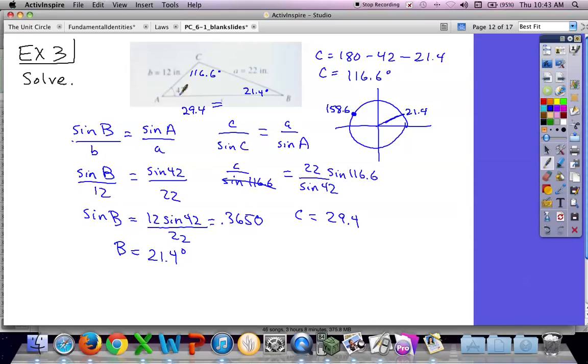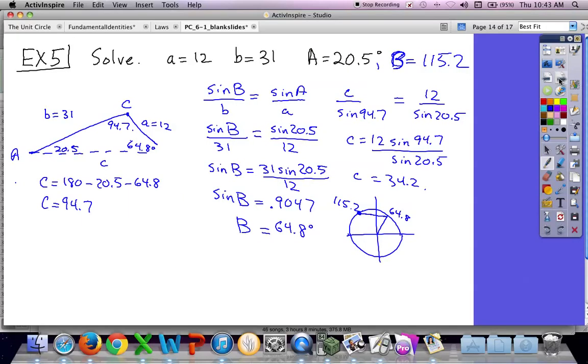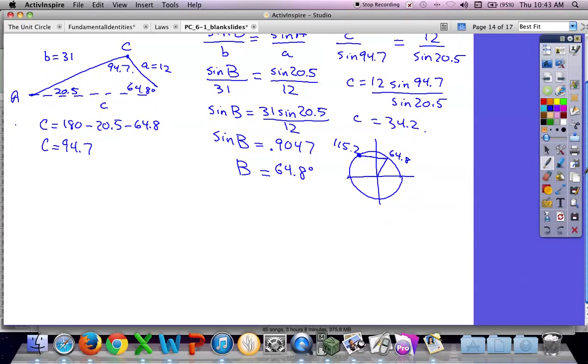So you always check. Now we have to go back to the problem that we're doing and do it again, because now we have to say B equals 115.2. So in our triangle, I'll redraw it like this.